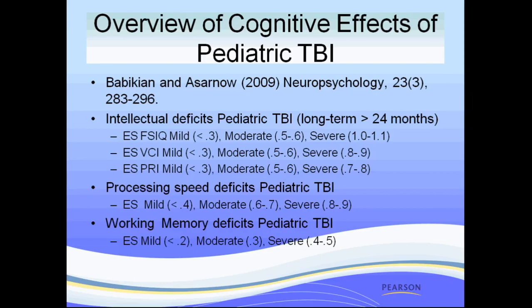And we'll see that this is an important concept because many of the tests that we use to measure other abilities are also tapping cognitive constructs that we've just talked about. So you have verbal abilities, perceptual abilities, and processing speed.